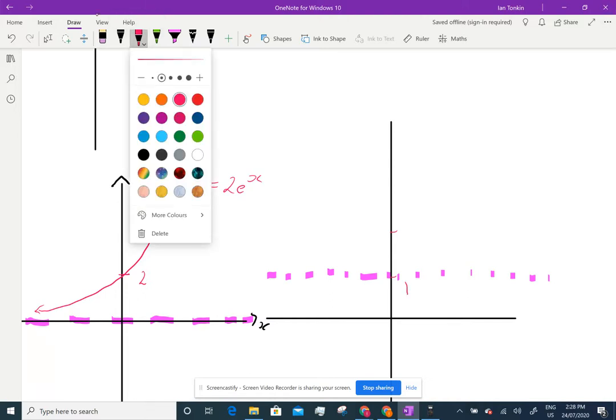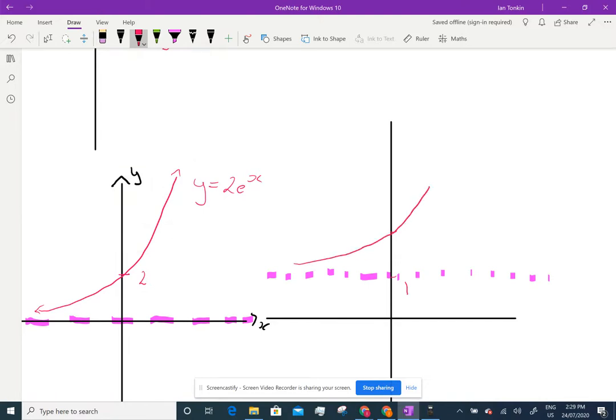So my curve looks like that. Y equals e to the x plus 1. It's just the whole curve moved up 1, and that's 2. And everything moves up. And again, there we go, y and x.